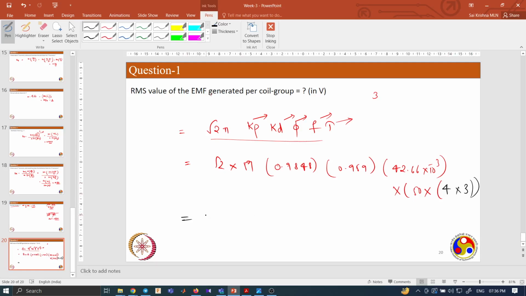Now it's just a multiplication. Root 2 times pi multiplied by 0.9848 multiplied by 0.959 multiplied by 42.66 milliweber, multiplied by 50, multiplied by 12. You can calculate, or I will also calculate quickly.